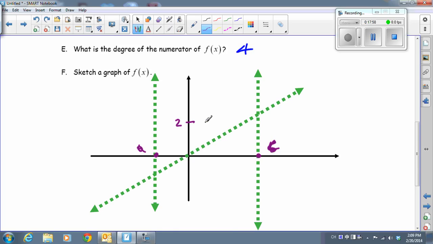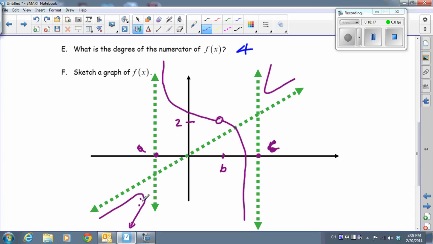So if this is 2, and this is b, this is f of b. I put a hole there. And I know that the graph will do something like this. Go through the hole, come back down, and it will be here and here. By the way, it goes straight down. It doesn't curve like the one I did.